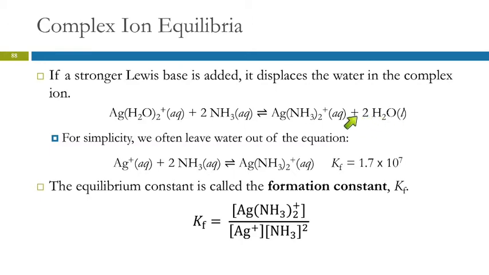The concentration of this complex ion between silver and water is going to be the same as the concentration of just silver ion, so we don't really need to have the water in there. So we can calculate an equilibrium constant for this. It's this complex ion with ammonia divided by the concentration of the silver ion and the ammonia squared. And this is called a formation constant because it's an equilibrium constant describing the formation of a complex ion.